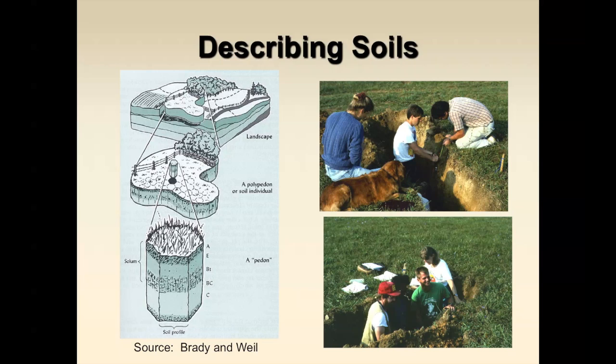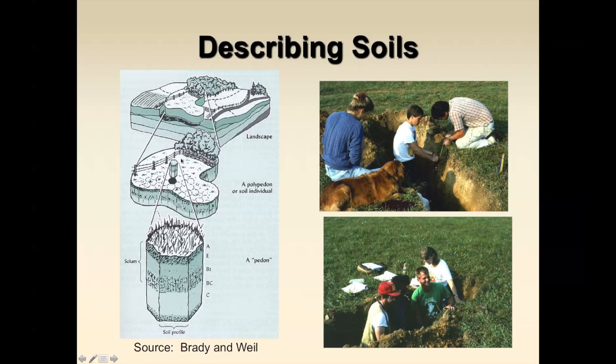When we describe soils, we obviously can't look at the whole landscape and see underneath that. So that's very difficult. Part of the reason why we misunderstand soils is we're not able to look underneath. So we've got a landscape, and what we do is we take from the landscape a polypedon, or a soil individual.